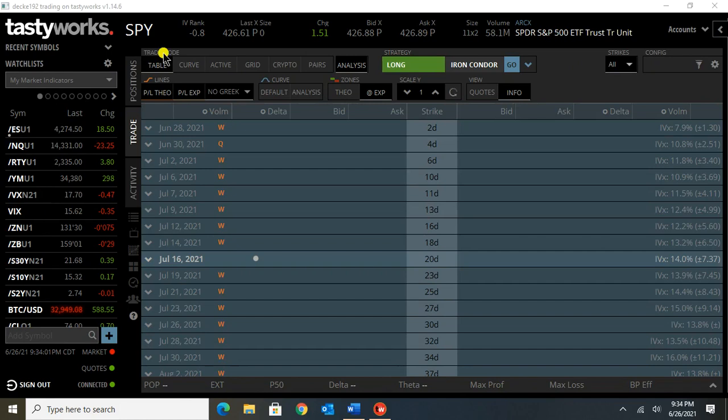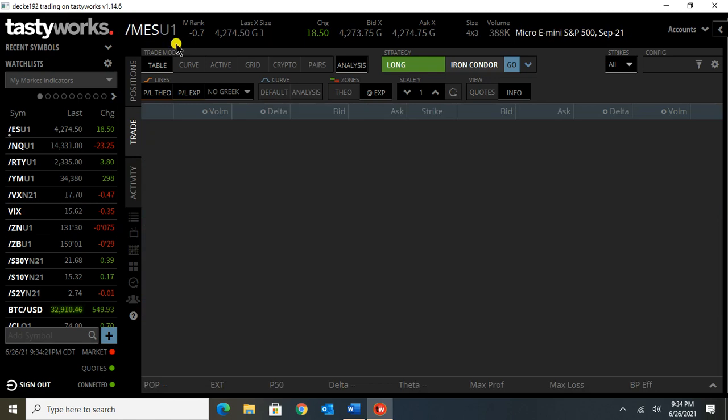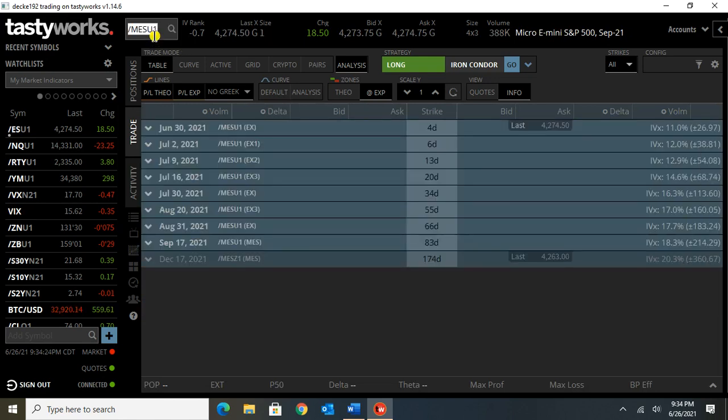I'm going to use SPY in my example. I think it's sized well for most account sizes. If you want to do this on a smaller notional value scale, you can use the micro E-mini S&Ps, which is /MES. This is half the size of SPY.